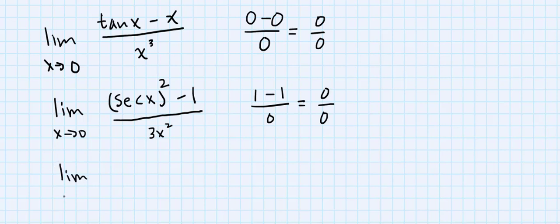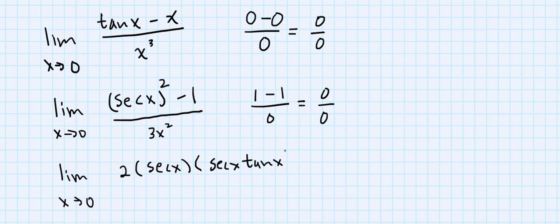You get the limit as x approaches 0. What is the derivative of that? 2. You have to apply the chain rule. Times the derivative inside, which is secant x. Derivative of minus 1 is 0, all over 6x.